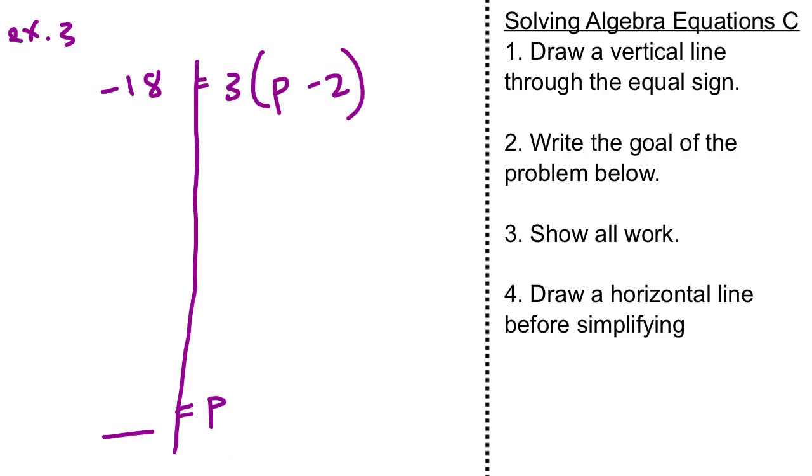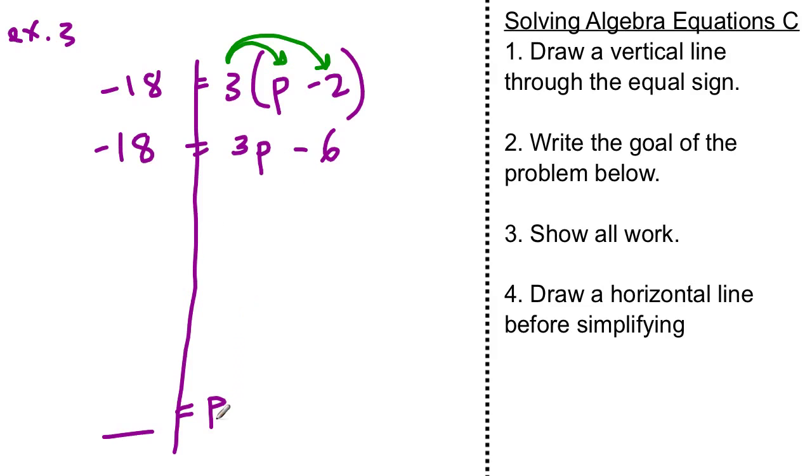Okay, and now we need to distribute the 3 to both p and to negative 2. Okay, when we do that, we get that negative 18 is equal to 3 times p is 3p. Okay, and then 3 times negative 2 is negative 6.